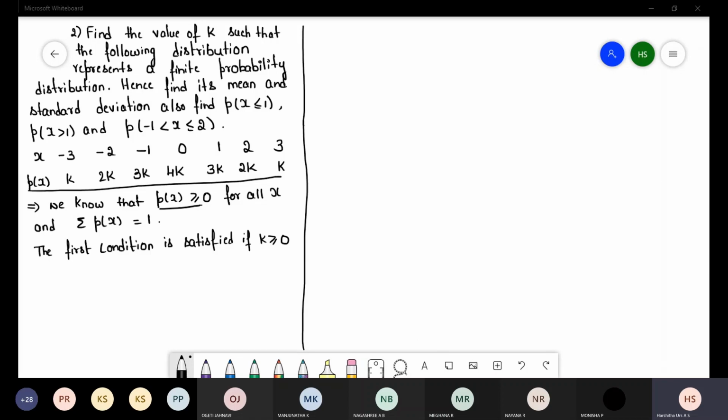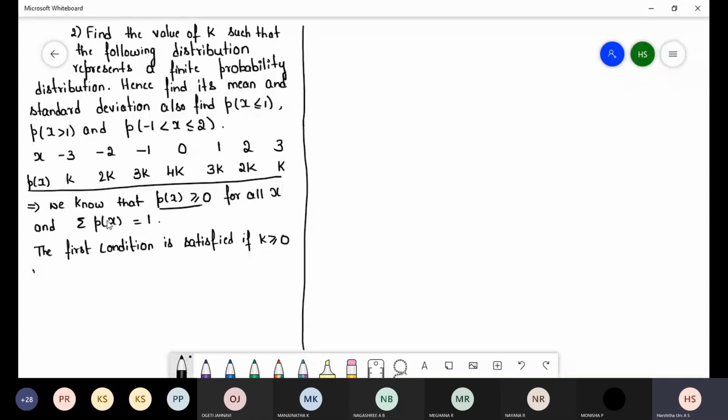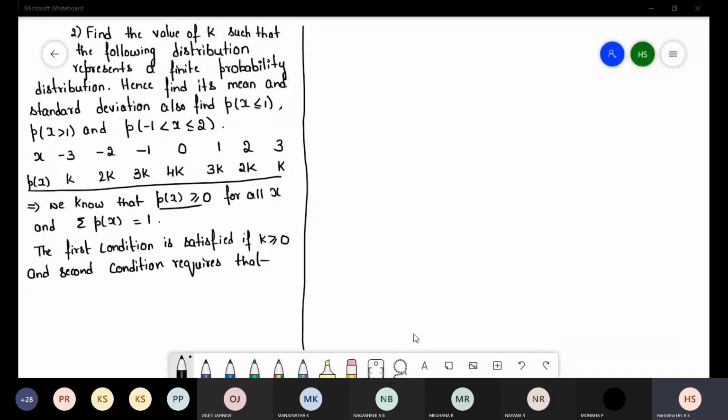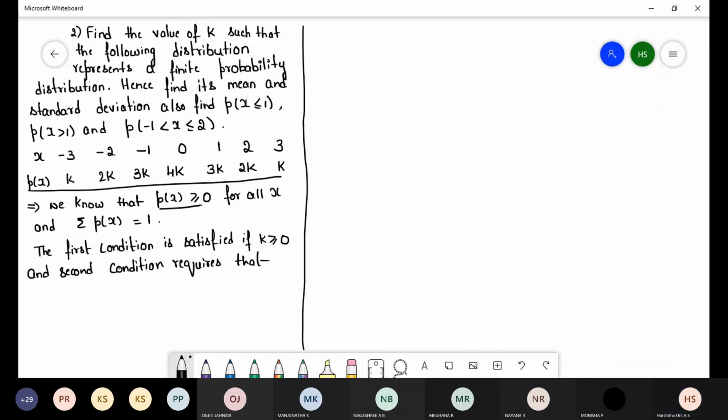That is the first condition. And the second condition requires that the sum of P(x), when we add them, we have to get equal to 1.